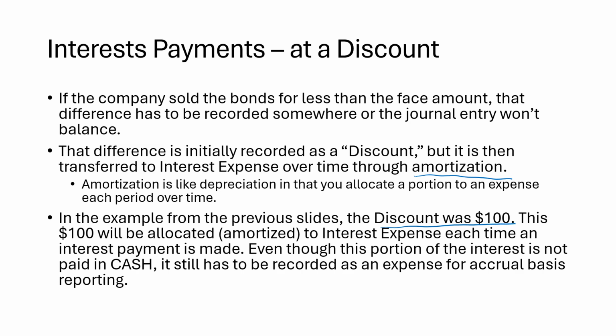Yes, the cash amount of interest will be included in the journal entry, but because we also have to allocate some of that discount, the actual interest expense recorded will differ from the cash paid out as interest. That is because of the adjustment for that discount amortization.